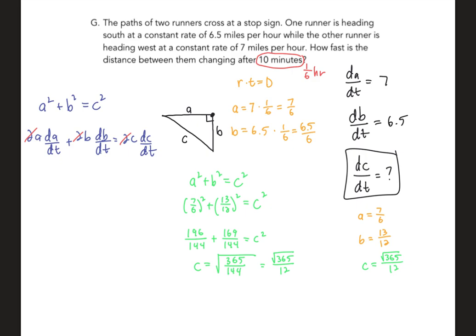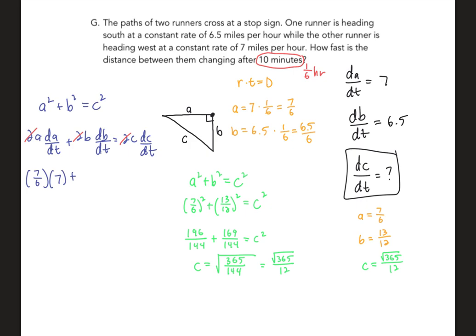All right, now let's go back to the equation that has the dC/dt we're looking for and substitute in all the values. Okay, a is 7 over 6. I just have to be super careful not to make a mistake. dA/dt is 7. I'm going to put everything in parentheses.